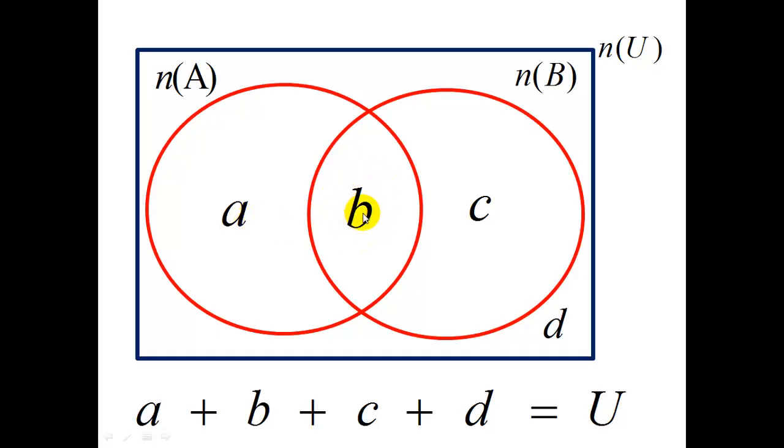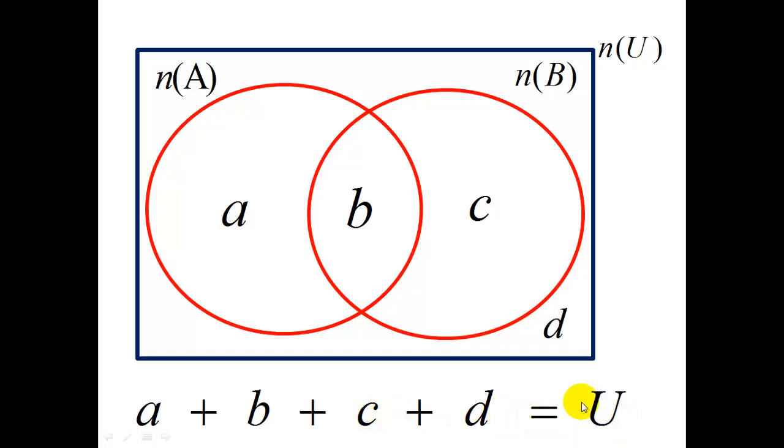B represents students who read both Agric and biology. And C represents students who read only biology. And D represents students who read neither Agric nor biology. Now, when we add A to B to C to D, the result should be equal to the total number of students in the school. So A plus B plus C plus D equals U.